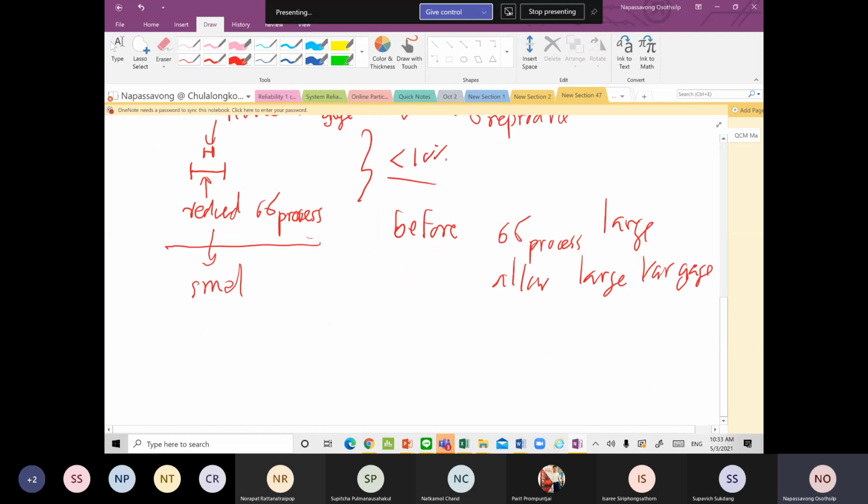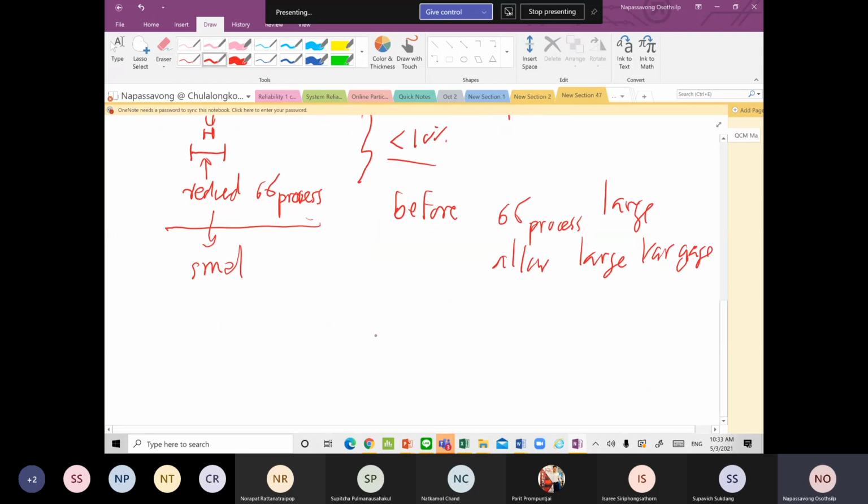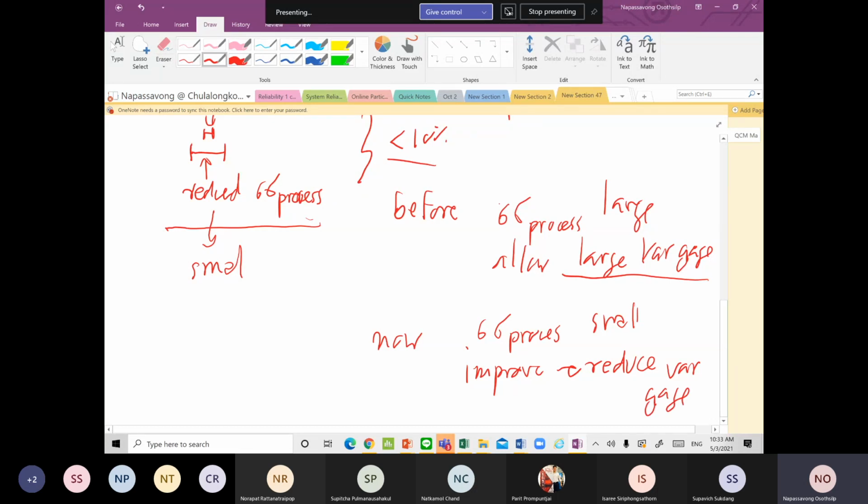But now, since the variation of the process is small, this large variation is not acceptable anymore, right? So we have to improve it, or reduce the variation of the gauge, to have good enough precision to measure this small variation of the parts. That is the key point.